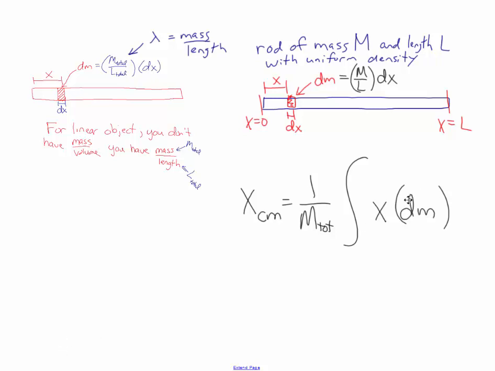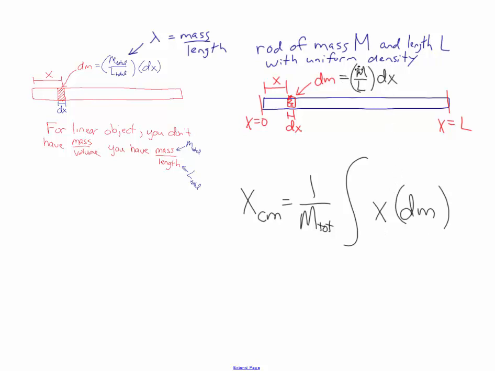So we have each little piece dm times its position x. This integral is the sum over all of those infinite number of pieces, and then we're dividing by the total mass. Looking at this integral though, x is our variable, but it says that we're going to integrate with respect to m. We need to be able to write dm in terms of x.